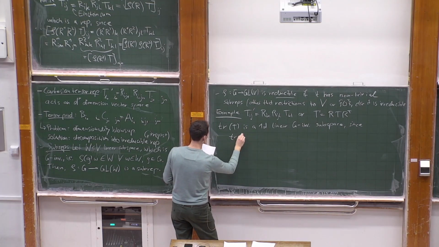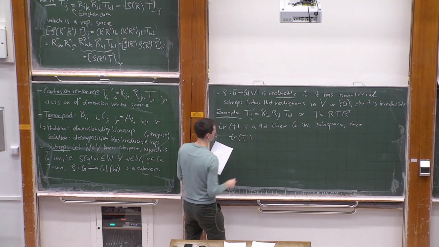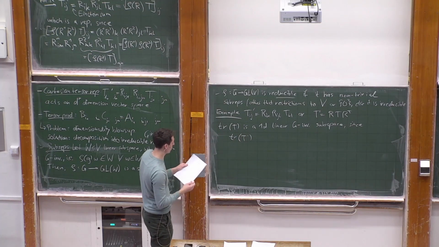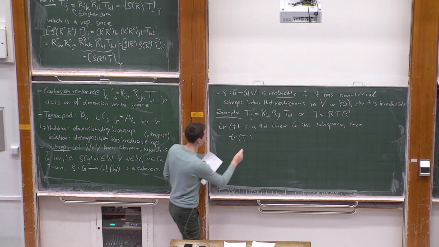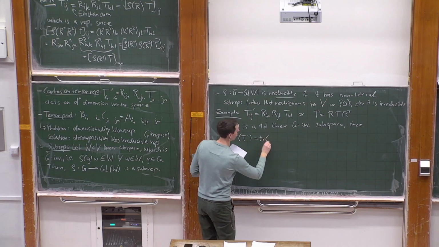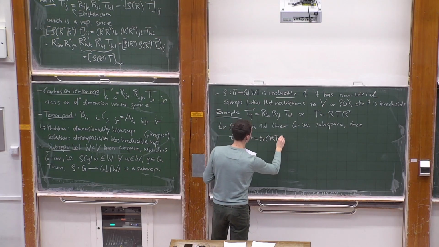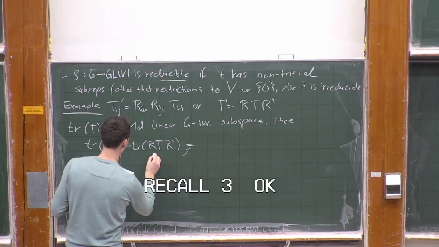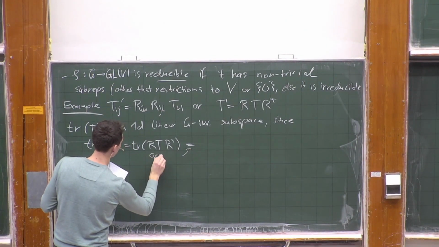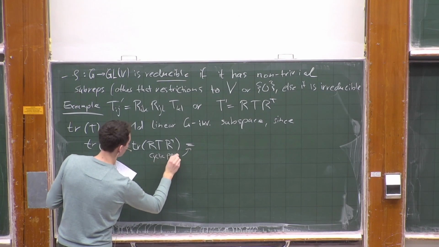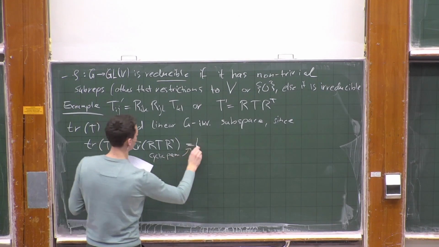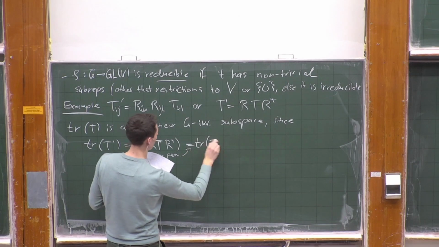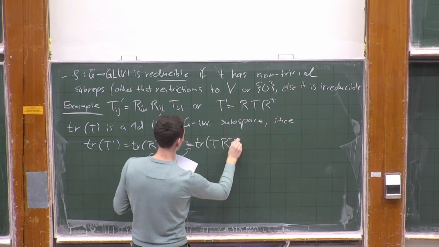We apply the trace to the transformed tensor. And if we write this out, what we get by just copying from up there is the following. Now we can use cyclic permutations in the trace, which leave the trace invariant. So we get the following.